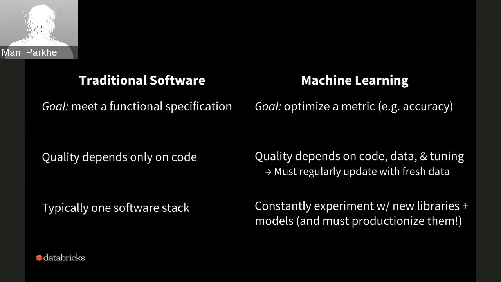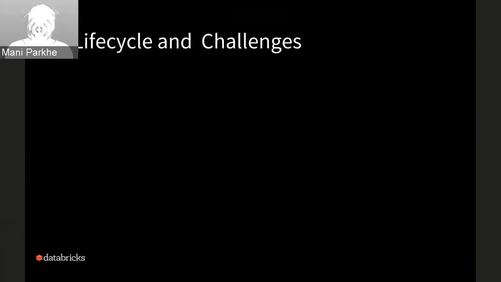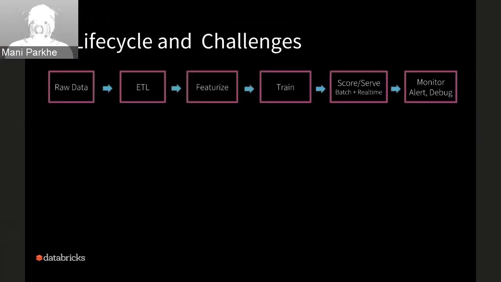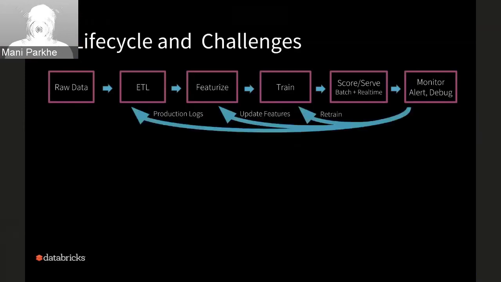Let's look at the same thing slightly differently from the machine learning lifecycle and how all of this presents challenges. A typical machine learning lifecycle always starts with taking in raw logs of some format, and then they're ETL'd and cleansed, and then you featureize them to get some feature vectors. And then you train it using different training algorithms, serve it, and then monitor how the serving looks. And this looks simple enough, but it's not, because eventually there are these backward loops.